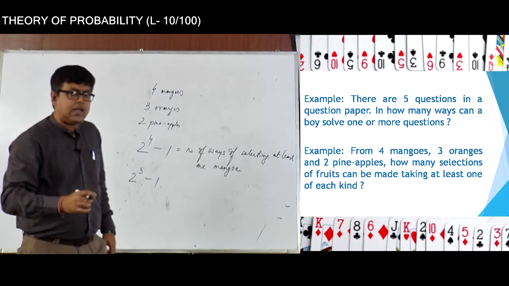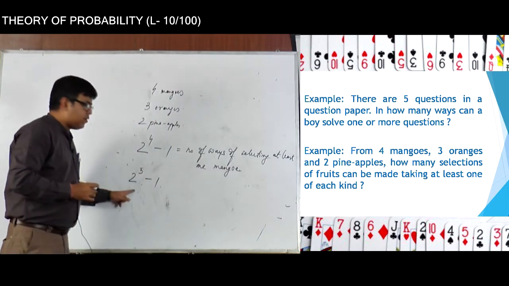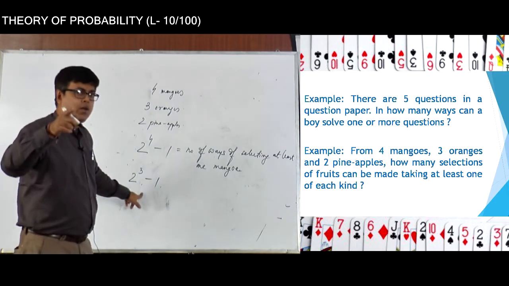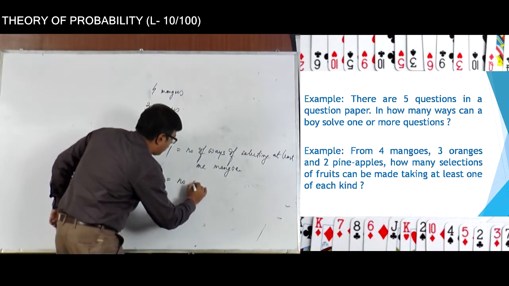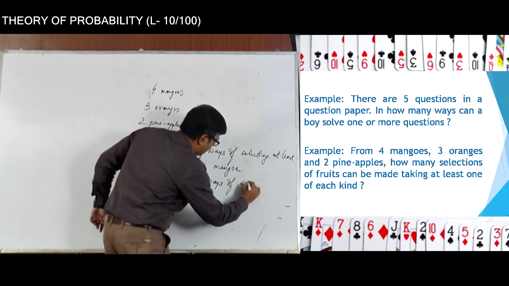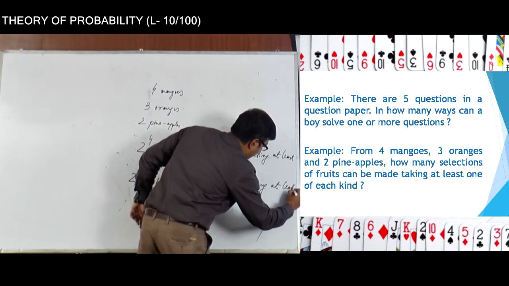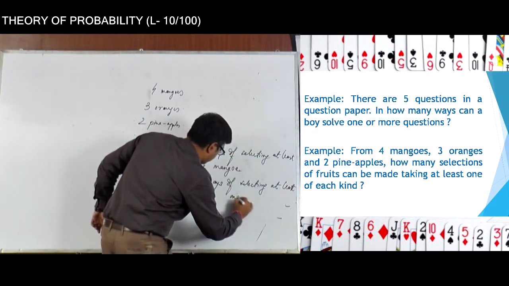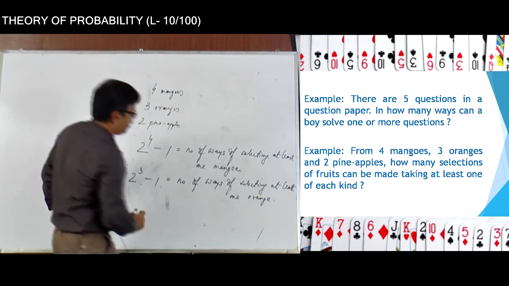So the total number of selections with at least one orange will be 2 to the power 3 minus 1. This gives me the number of ways of selecting at least one orange.